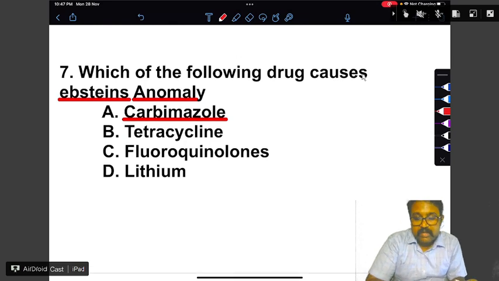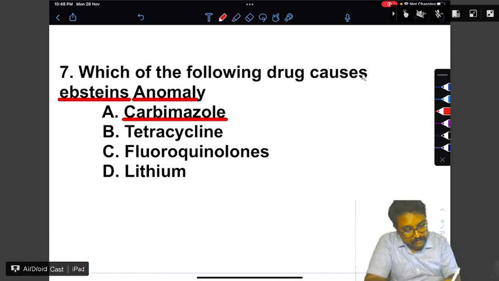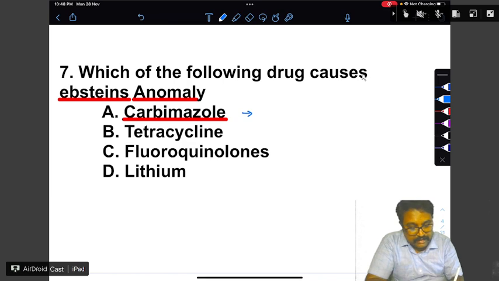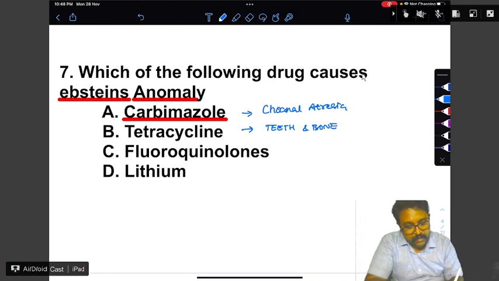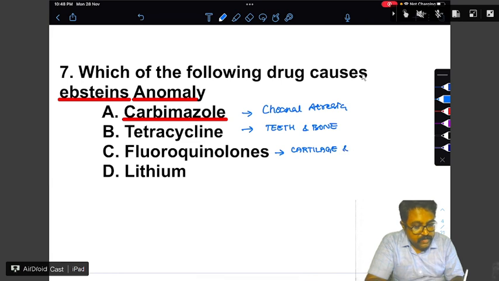Next, which of the following drugs causes Ebstein's anomaly? So they're asking about the Ebstein anomaly, that is the teratogenicity. Here, please remember carbimazole is an antithyroid drug, it will cause choanal atresia, whereas tetracycline will cause teeth and bone deformity, whereas the fluoroquinolones will cause damage to the cartilage as well as the tendon.